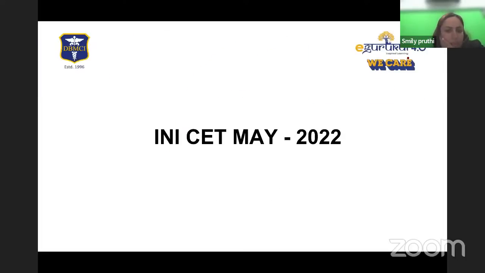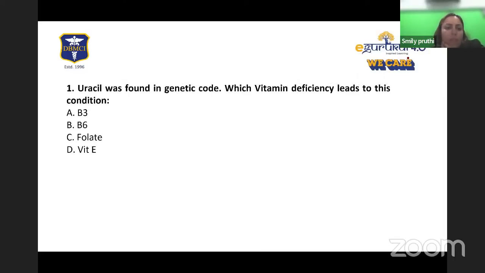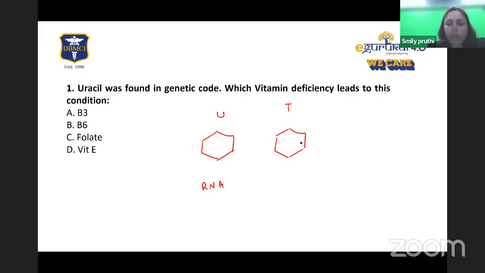Next exam will be May 2022 INI CET recall questions. Now, first question here is uracil was found in genetic code. Which vitamin deficiency leads to this condition? Can you tell me? Uracil is a pyrimidine nitrogenous base. So uracil is found in RNA.